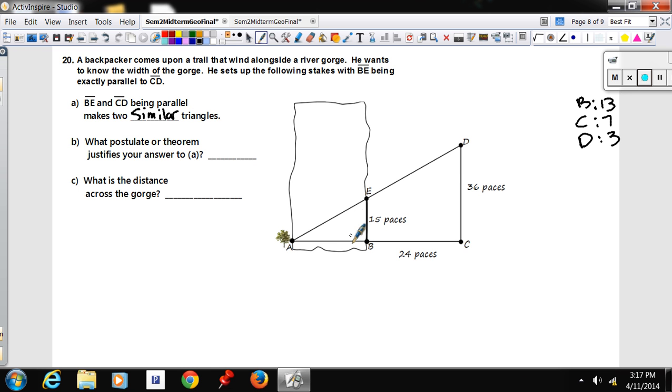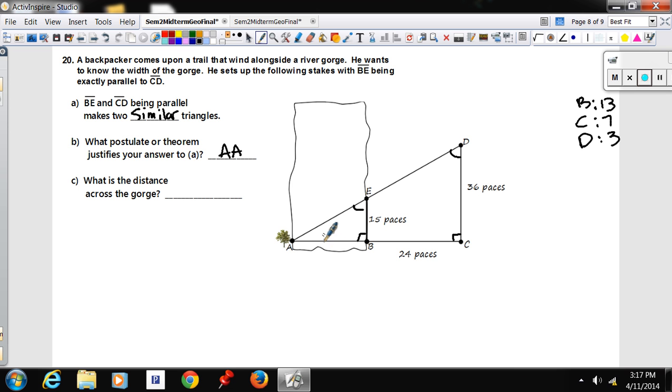We got a small one and a big one. They can't be congruent. They have to be similar. And the reason we have that is because of the AA postulate, because you've got this angle congruent to this angle because of the parallel lines. You've got this angle congruent to that angle because of parallel lines. So it has to be AA postulate.